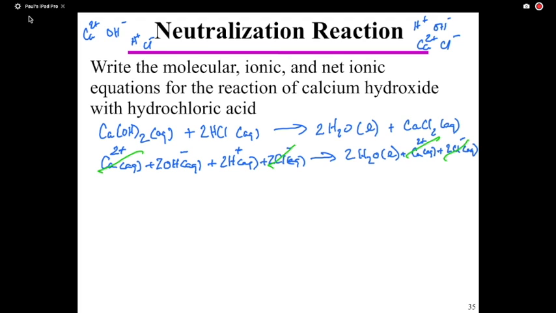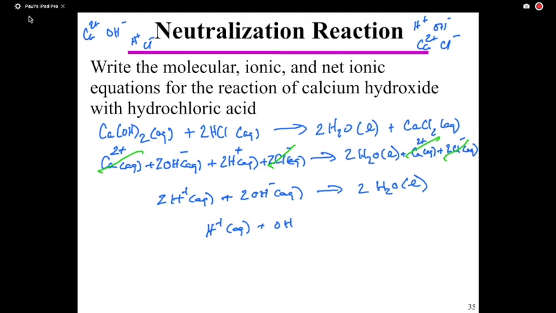And then I have 2 protons that are aqueous plus 2 hydroxides that are aqueous yields 2 waters. Okay? This could be an acceptable answer, and a lot of times the 2's are left, but you may see it reduced. Both are acceptable answers. You will not see both answers on a multiple choice test.